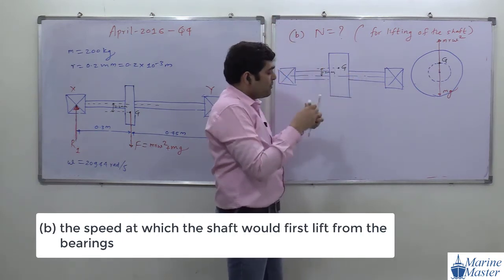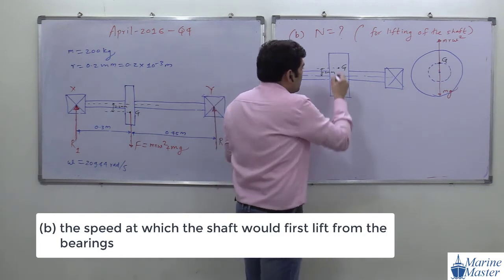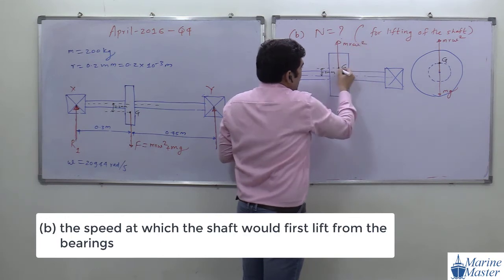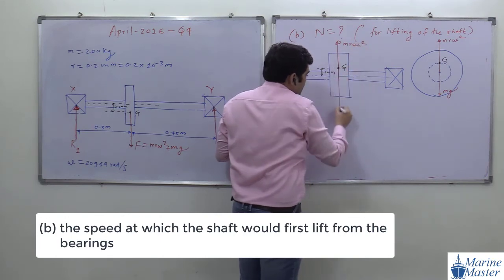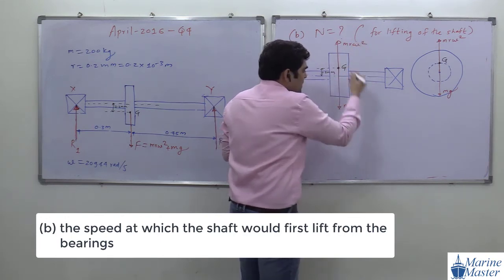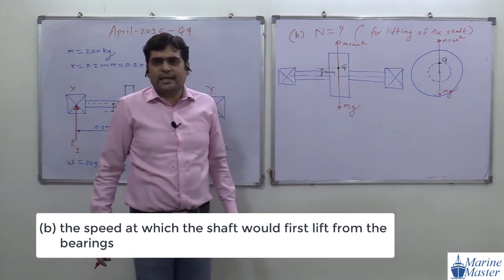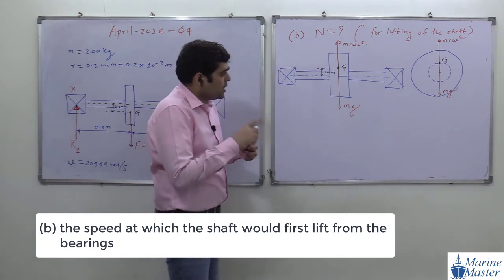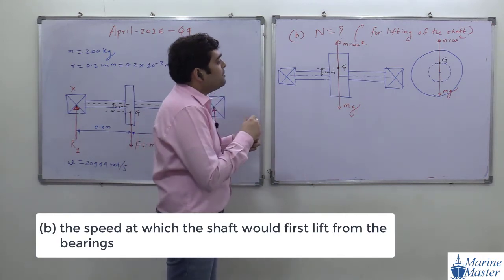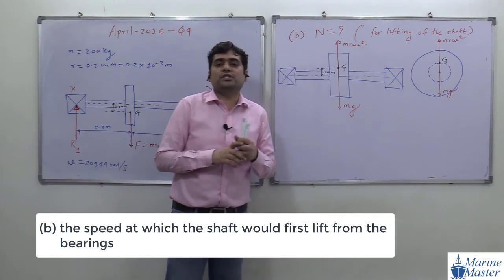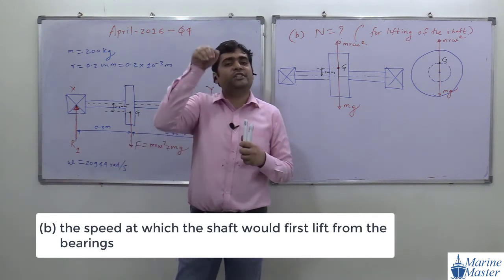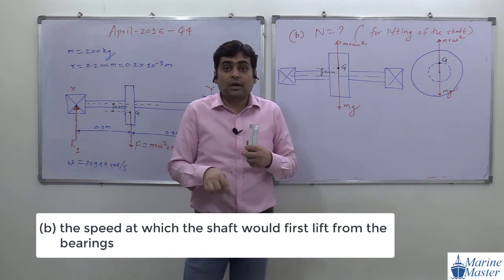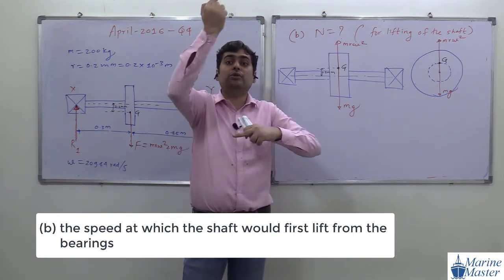If G is upward, what will be the direction of centrifugal force here? Like this, m r omega square. And the weight is always vertically downward, that is mg. Any doubt? Now weight is pushing the shaft downward, so if you want to lift the shaft, we have to apply a force opposite to the weight.